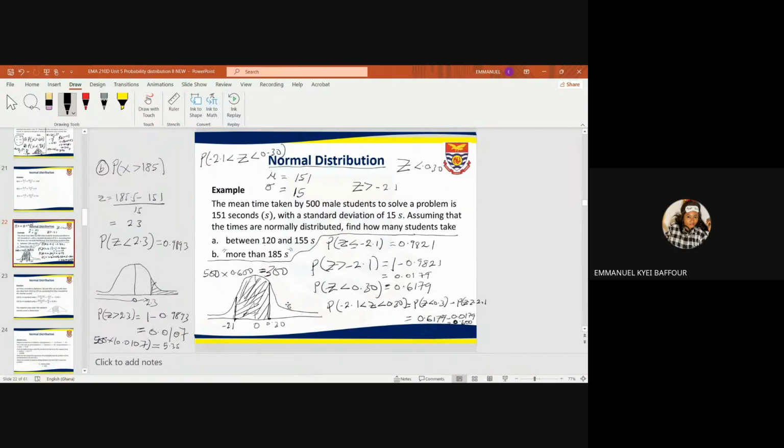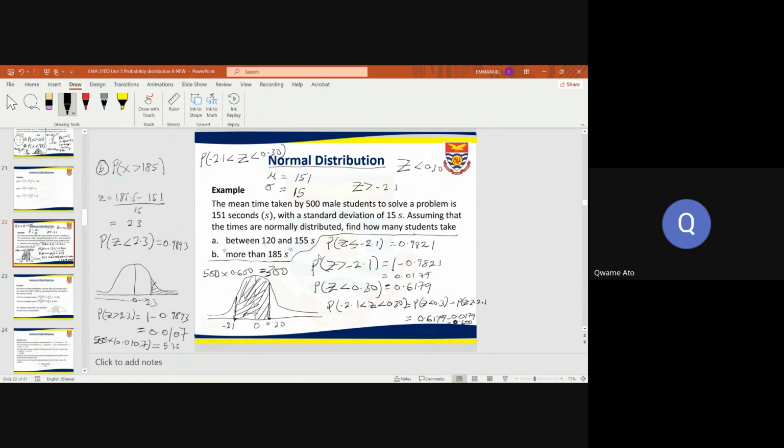Is it this one? Yeah, the one we used, the first one, the A. Okay.